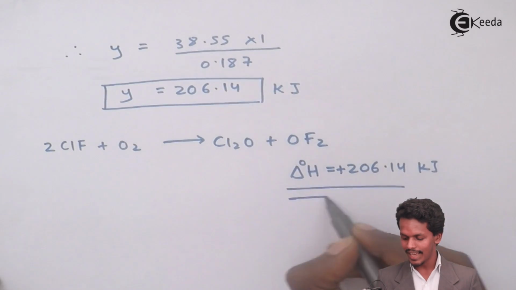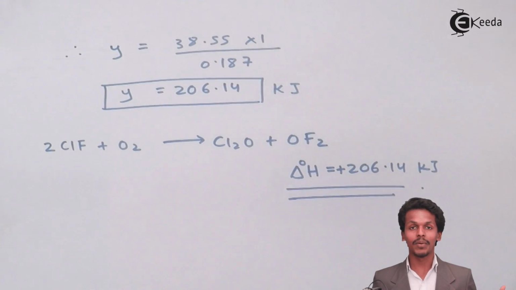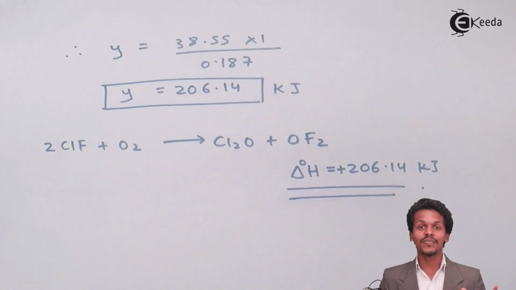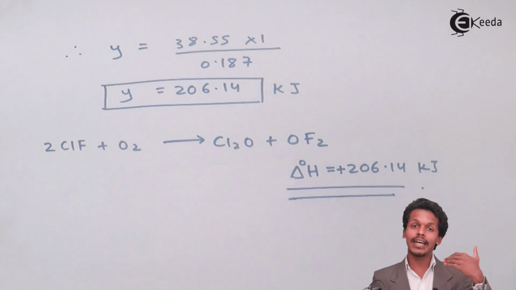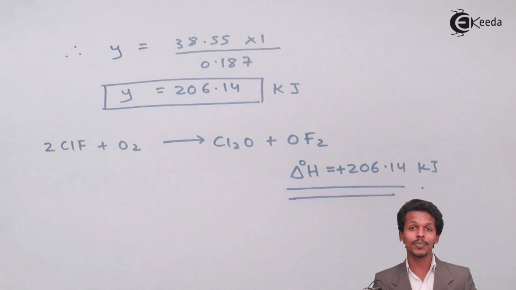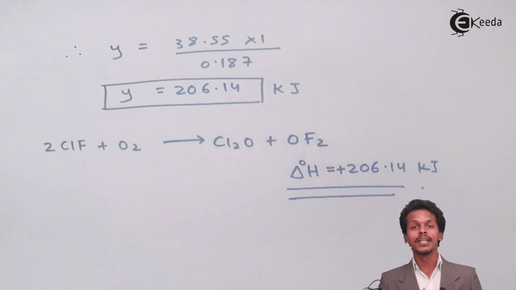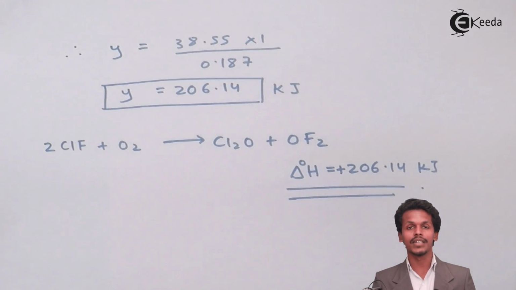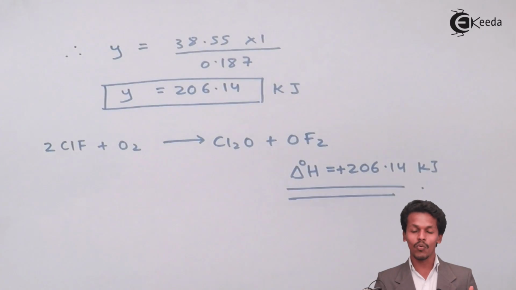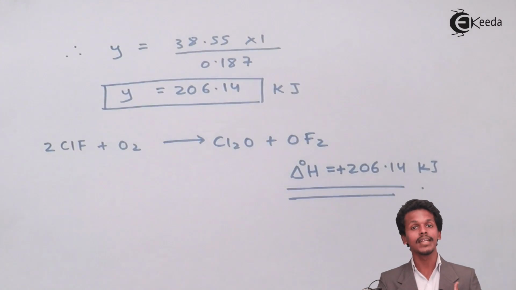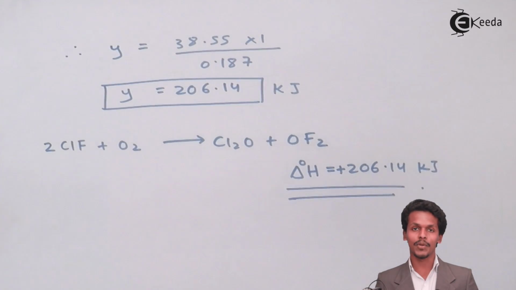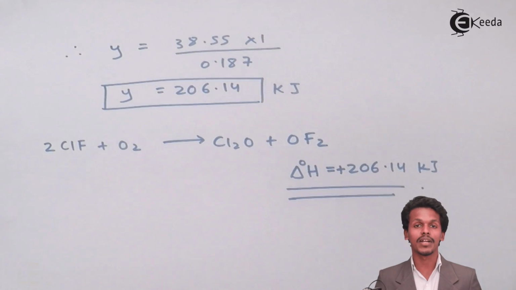So this is the answer that we have got. Very easy. In the earlier numerical, numerical number 2, we converted the number of moles into grams, and now we have converted the gram into number of moles, and calculated the standard enthalpy of the reaction. These were the two differences between numerical number 2 and numerical number 3.